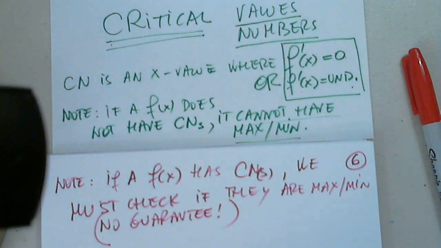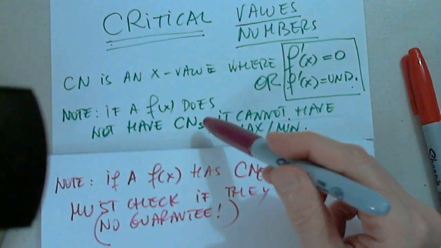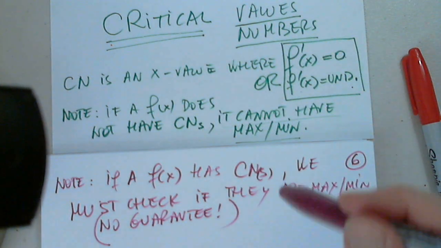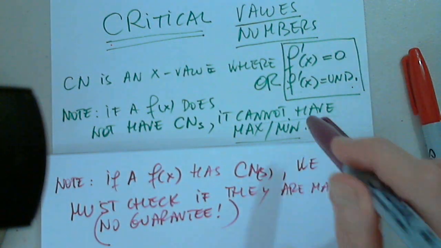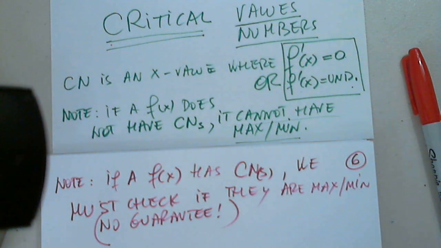No guarantee. We have to check. We have to investigate. If it doesn't have critical numbers, guaranteed no max min. But if it has critical numbers, I don't know. I have to check whether they change into max min.